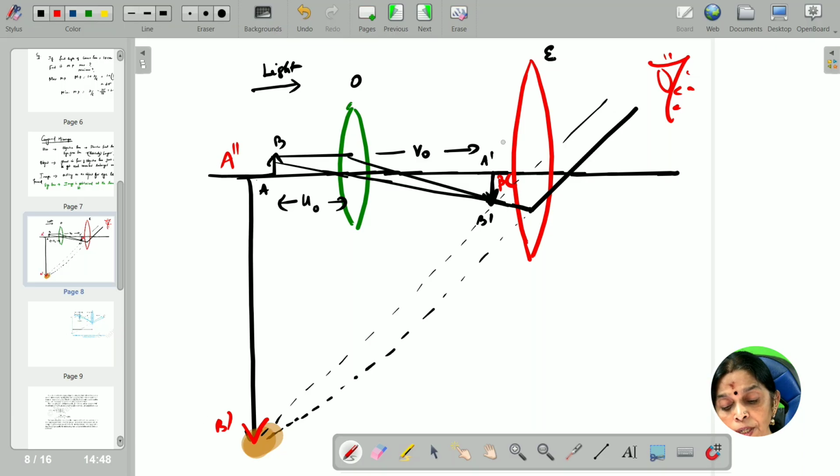Now this is called the object distance for the eye lens, therefore you call it UE. Be careful. This is the tube length, that is nothing but VO plus UE. Actually, how do you define tube length?